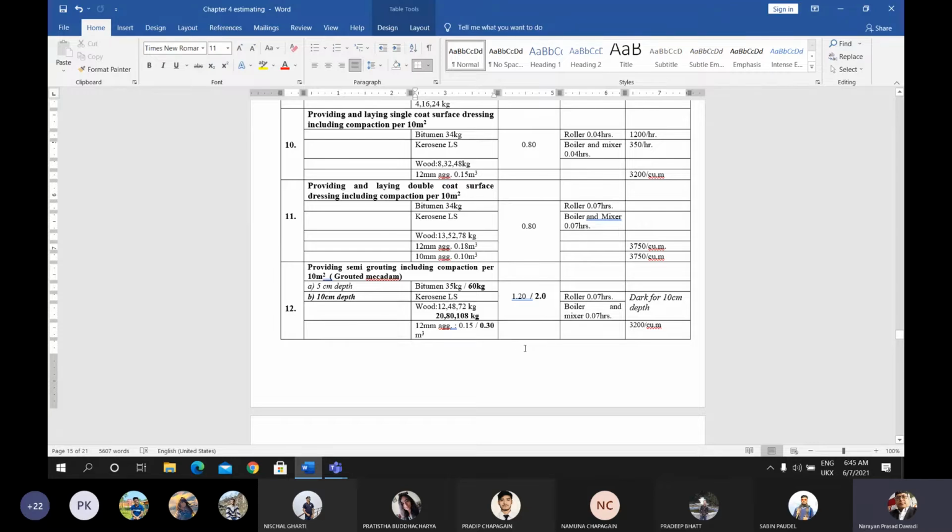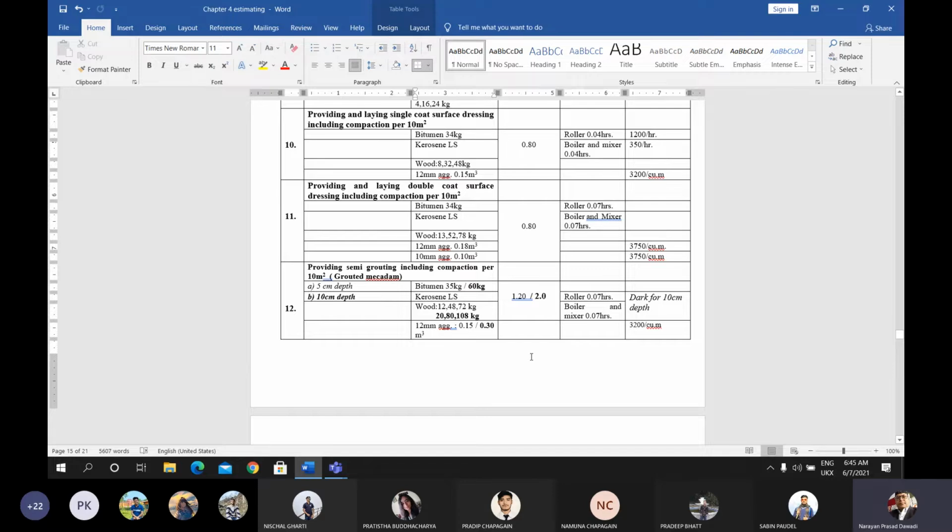If the thickness of the aggregate layer is completely penetrated by the bitumen, then at that time it is called full grouting. Generally, full grouting is done for the depth of 5 centimeter, whereas semi-grouting is done for the 5 centimeter depth and the 10 centimeter depth.